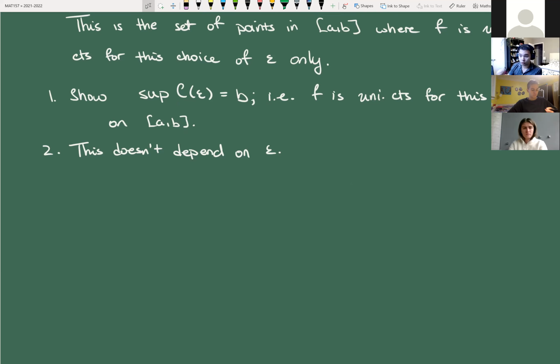For a supremum to exist, we need that the set is non-empty and bounded from above, right? The set is certainly non-empty. Why is it non-empty? Because a is in the set.